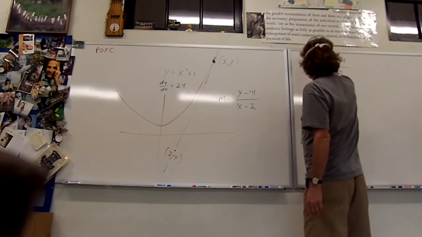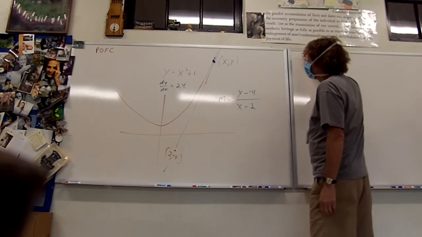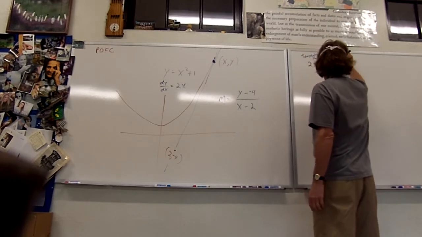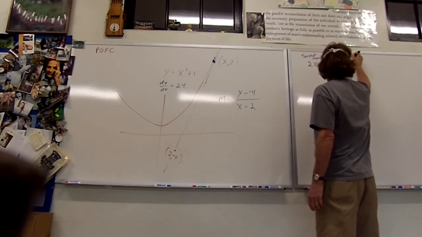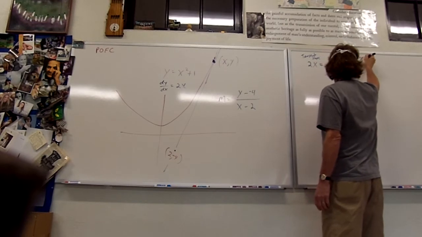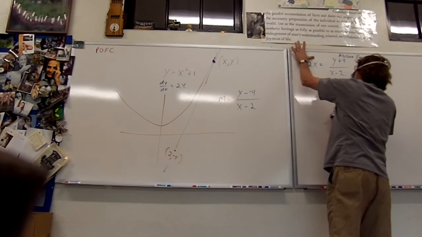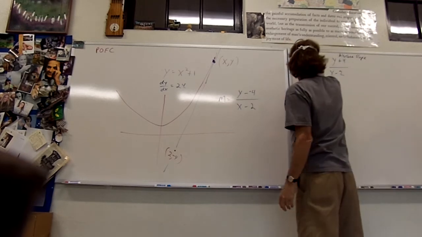You've got the tangent slope and you've got the algebra slope. And I'm going to go ahead and just tell you this is the calculus slope. Okay, let's just call it the calculus slope.